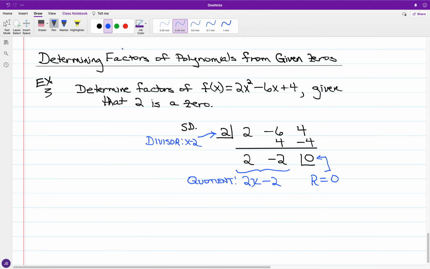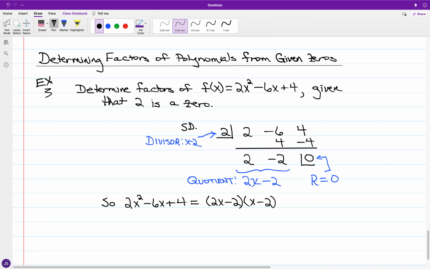For the factors, we're going to have 2x squared minus 6x plus 4 equal to the product of the quotient, 2x minus 2, times the divisor, x minus 2.